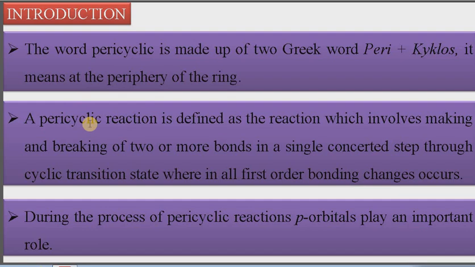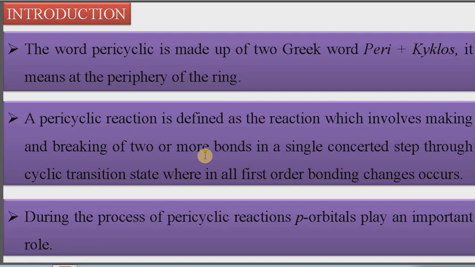A pericyclic reaction is defined as the reaction which involves making and breaking of two or more bonds in a single concerted step through a cyclic transition state, wherein all first order bonding changes occur. There are two key features of pericyclic reactions. Number one, the reaction follows the concerted path.